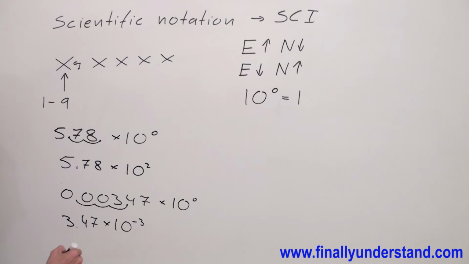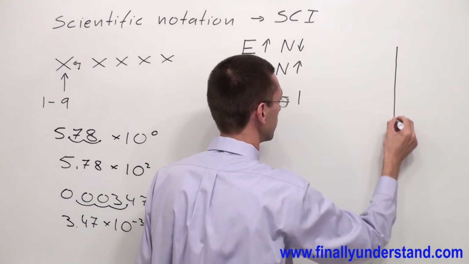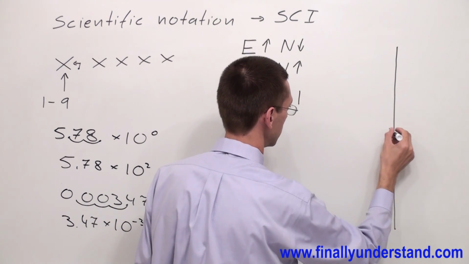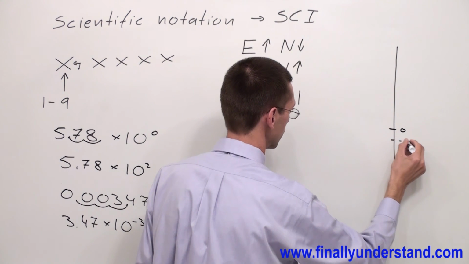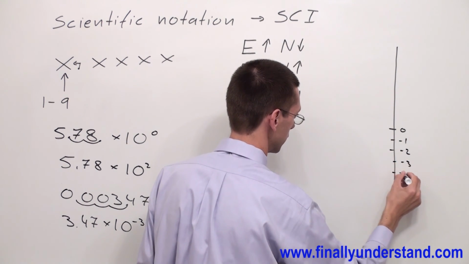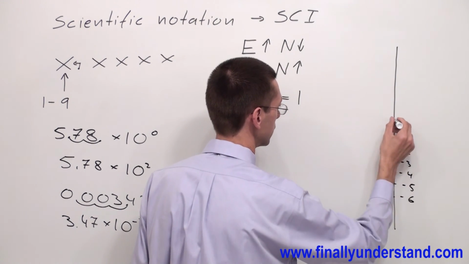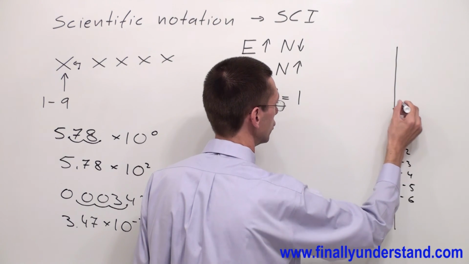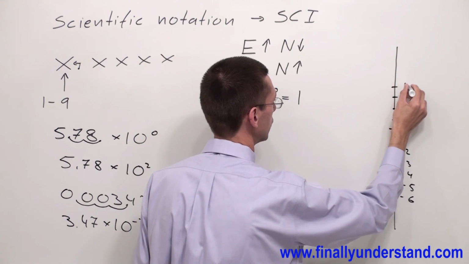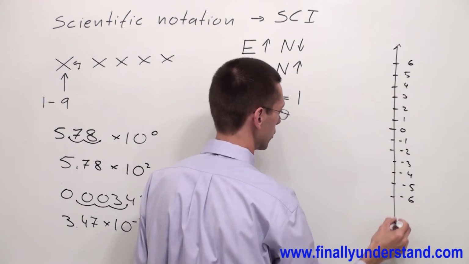If some of you have difficulties with finding this exponent, let me remind you about the number line. This is 0, this is -1, -2, -3, -4, -5, -6, and on the other side 1, 2, 3, 4, 5, 6, and so on.